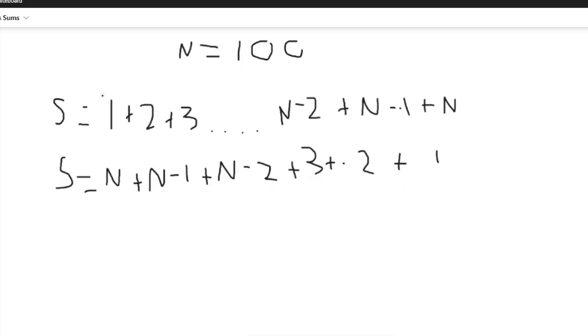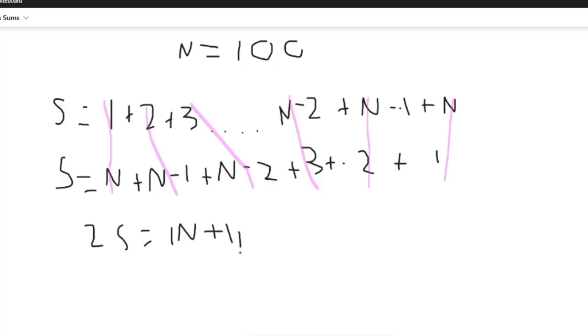So what you notice here is that if we added these up, this is n plus 1, this is also n plus 1, this is also n plus 1, and this is also n plus 1. So what we get is 2S equals just n plus 1 a bunch of times. So the way we can actually write this out is 2S equals n times n plus 1.